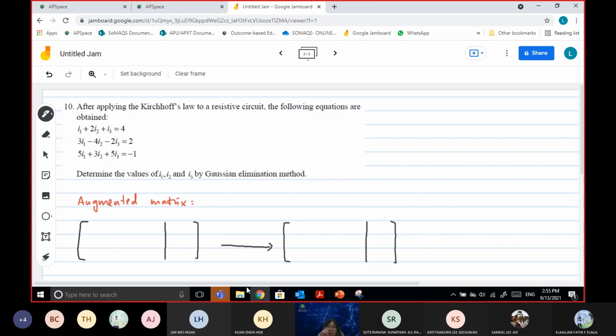Okay, so now can I have Saad? Saad, what is the augmented matrix? What are the values on the first row? What should I write? Saad, are you here?